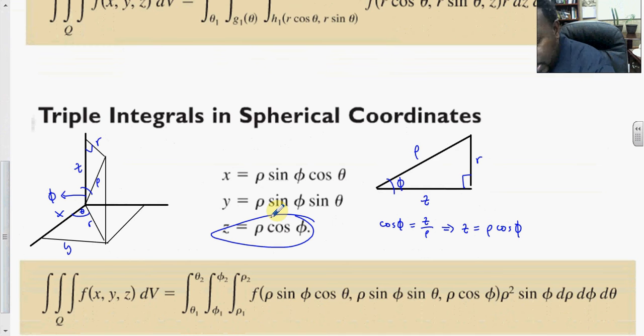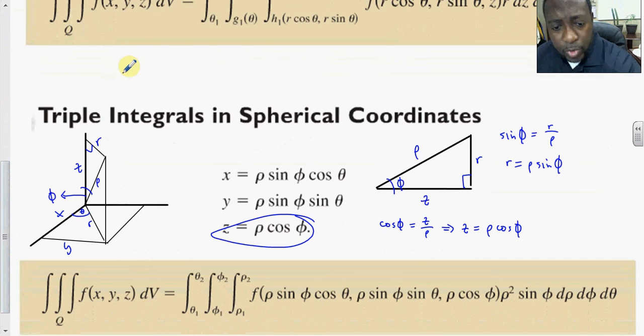Now, what about sine? Sine phi is equal to r divided by rho. So that implies that r is equal to rho sine phi. Now, we know that from cylindrical coordinates, x is equal to r cosine theta.